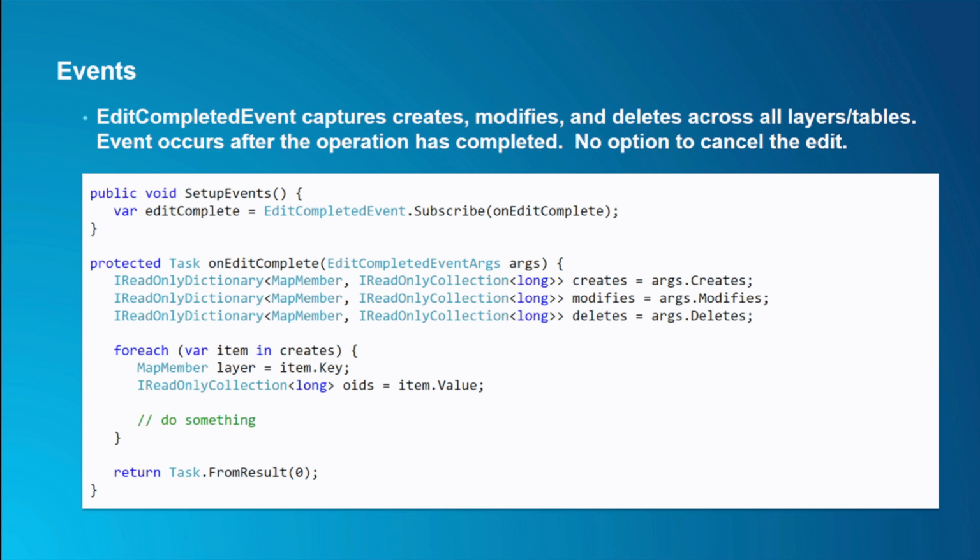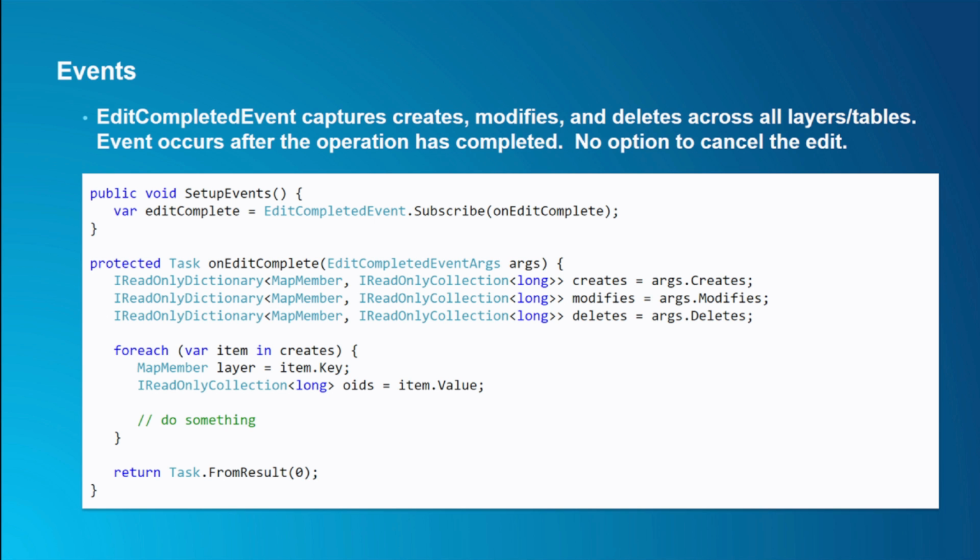And then as part of the arguments, the creates, modifies, and deletes are being handed to you as dictionaries, and then you can sort through which layers are participating in there and the respective OIDs that have been created, modified, or deleted. This is happening after the fact. So you're just being told after the fact that it has happened, so there's no way of canceling or changing that.